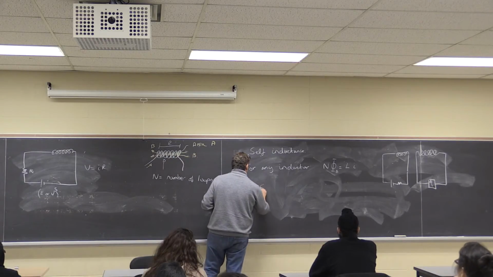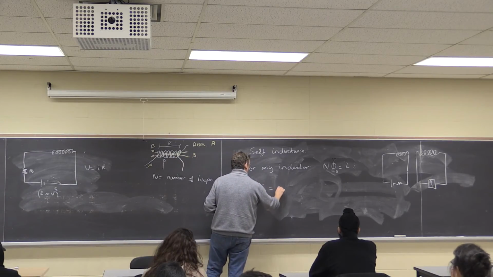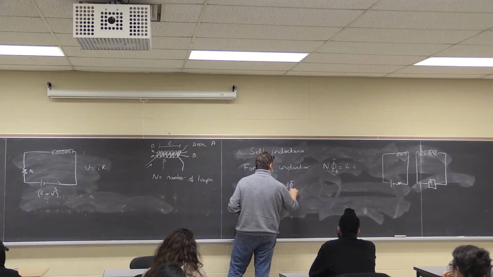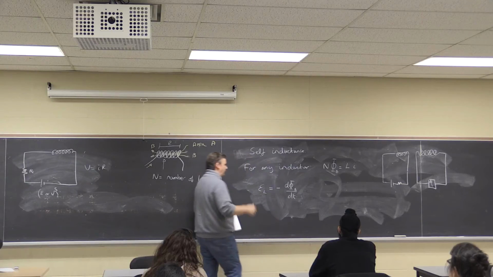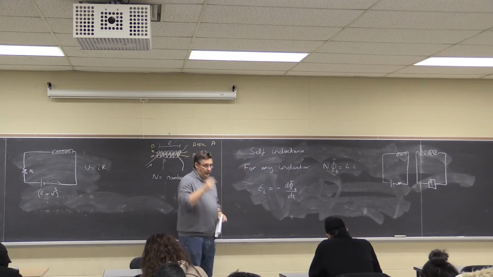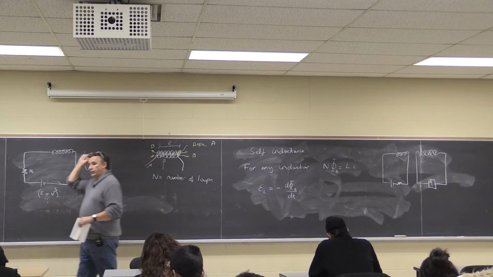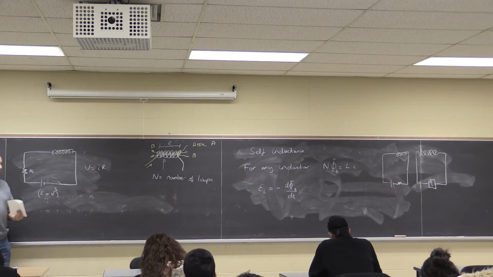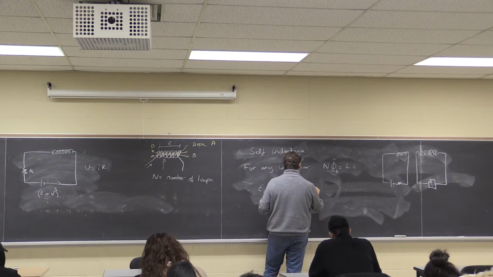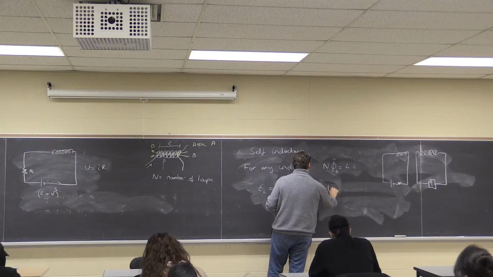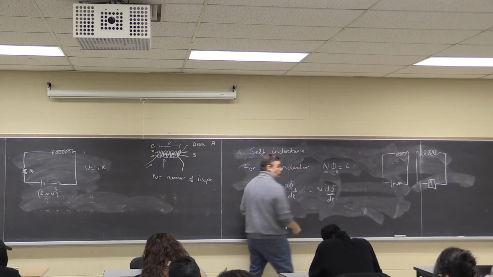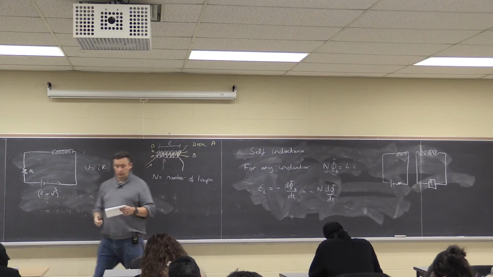It tells me that the EMF in the inductor would be just negative d phi B by dt. And if I've got an inductor that has many turns, I should multiply that by N, which would be the same as saying equals negative N d phi B by dt if I've got an inductor that has more than one coil.